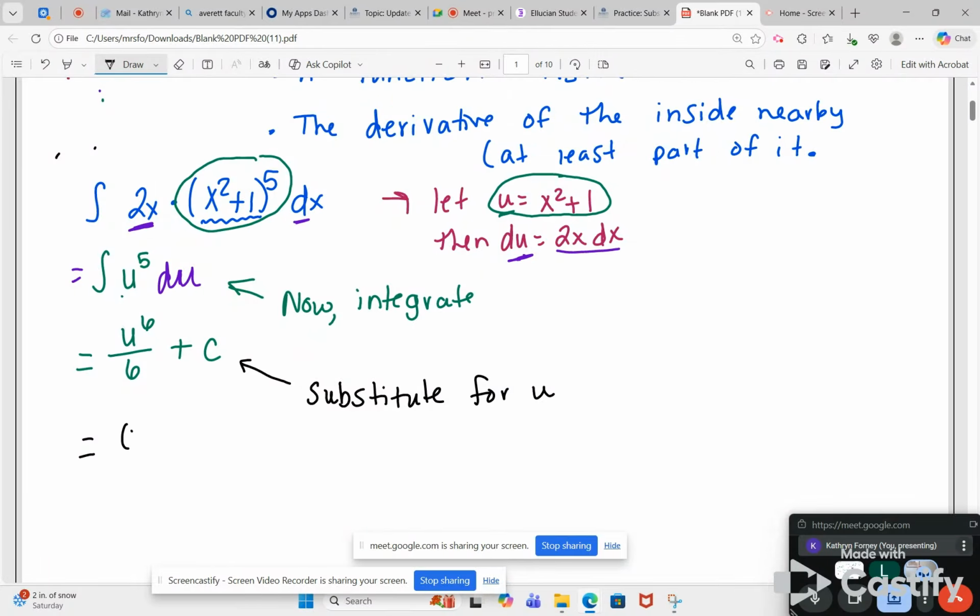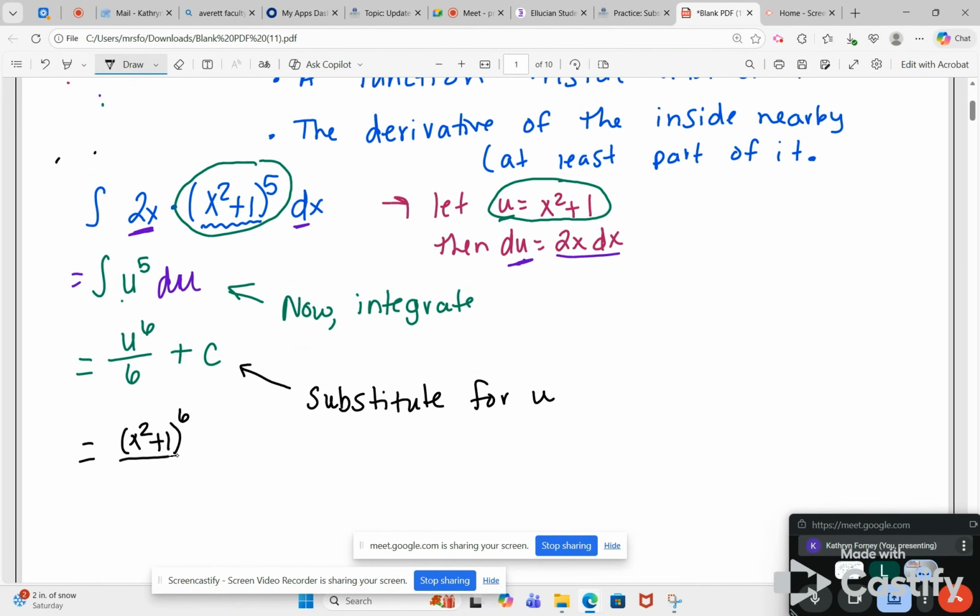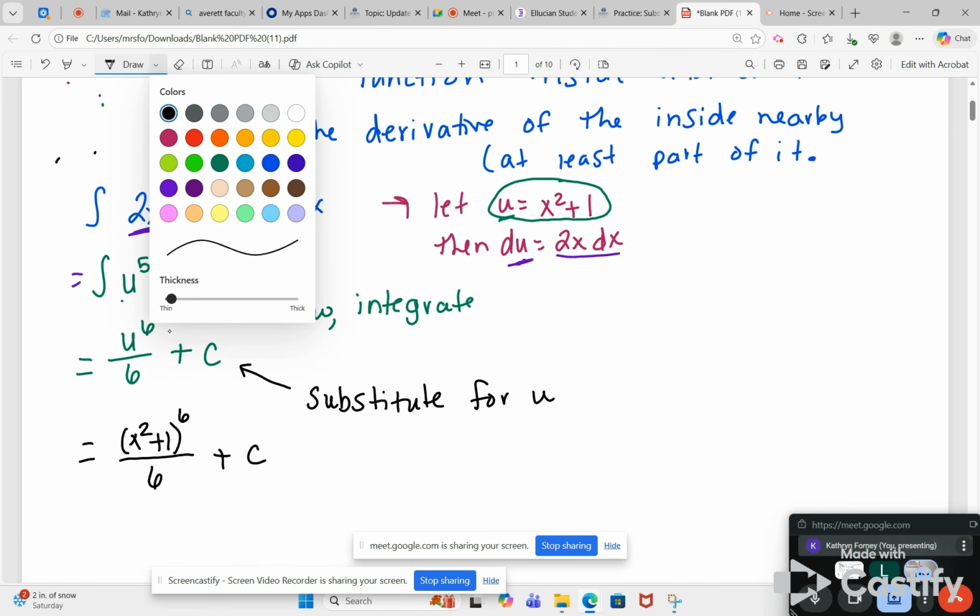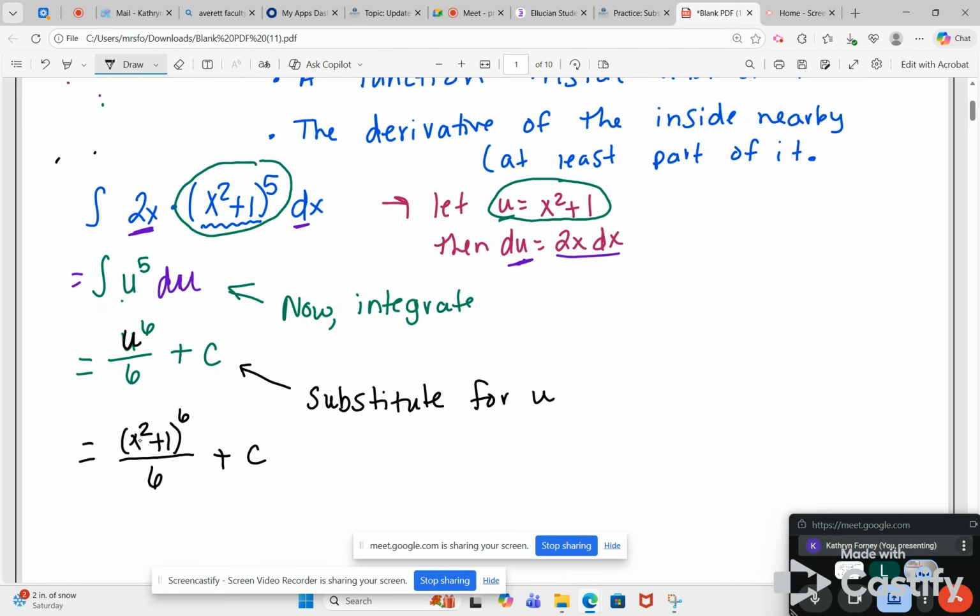So this is going to be, the u was x squared plus 1, to the sixth divided by 6. All I did was substitute for u.